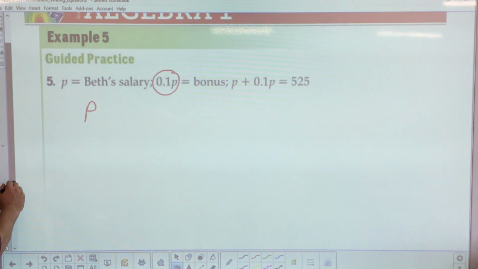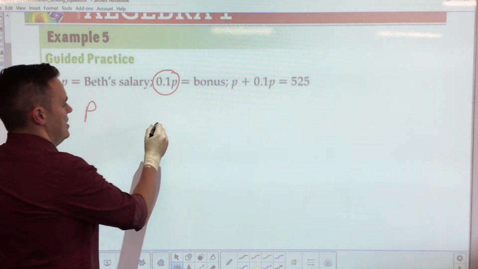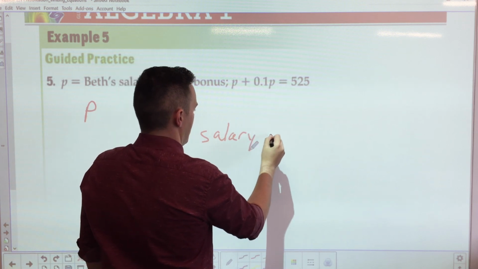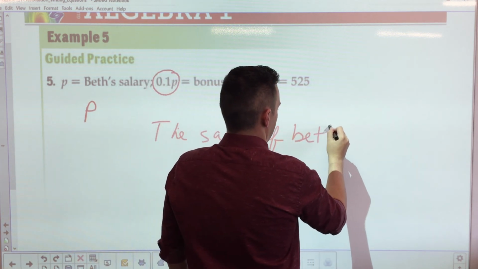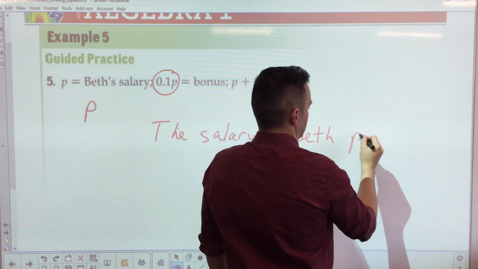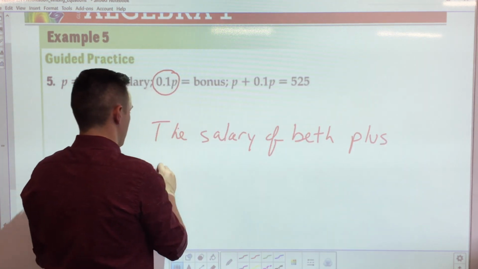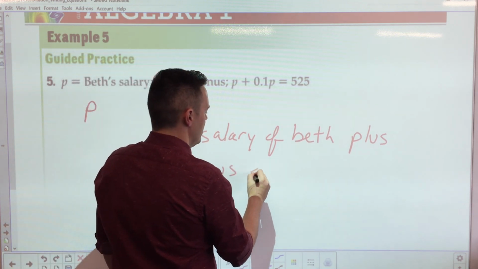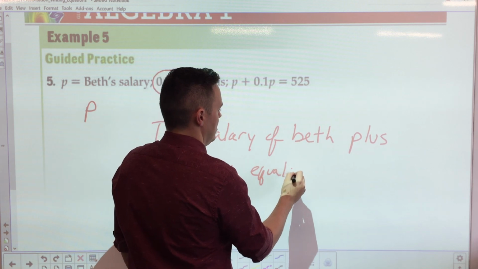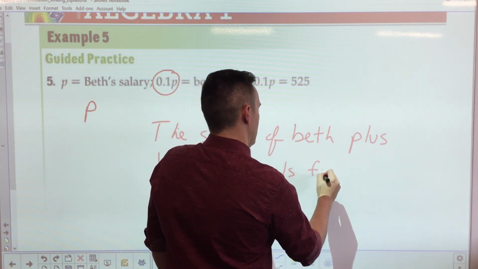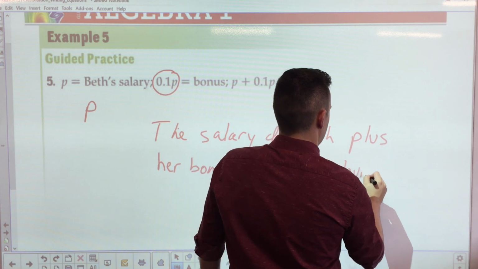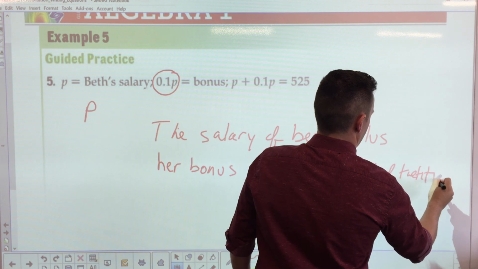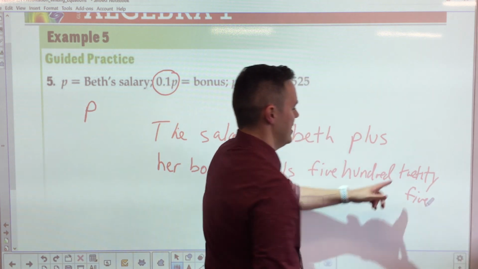Well, what that means to me, if I were to write this word problem out, I would say the salary of Beth plus her bonus equals 525.